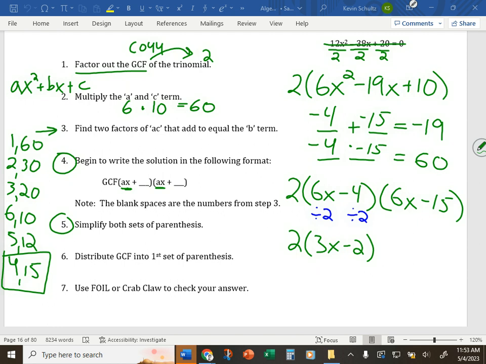And my second set of parentheses, 6x and 15, what can I divide that by? 3. So divide by 3, and instead of 6x minus 15, I get 2x minus 5. Yeah? How'd you know how to divide by 2 and how to divide by 3? I'm looking at the greatest common factor of 6 and 4, and the greatest common factor of 6 and 15.